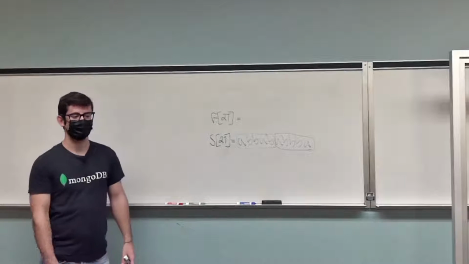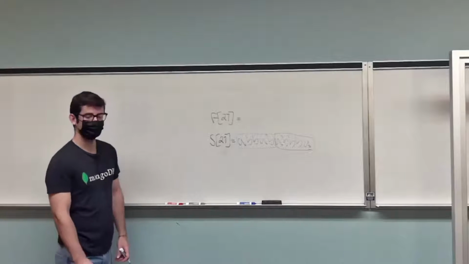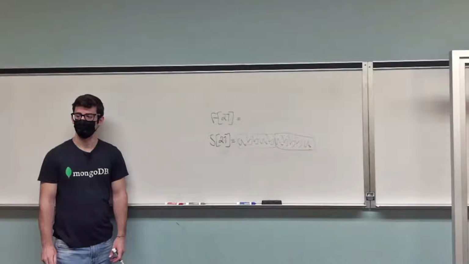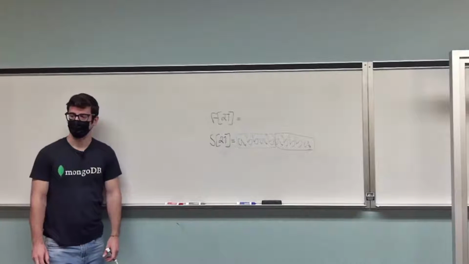In that case, what would it be? F of 27. It would have the same length of characters as the actual Fibonacci of 27, of the string of 27.